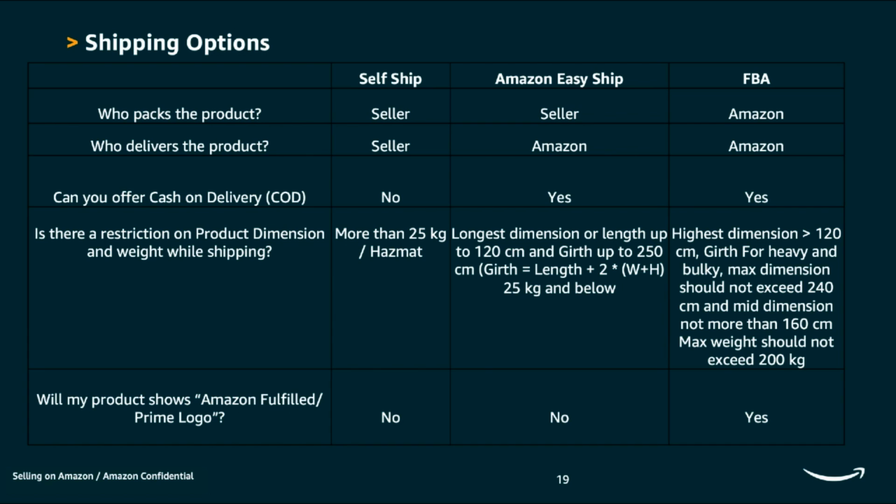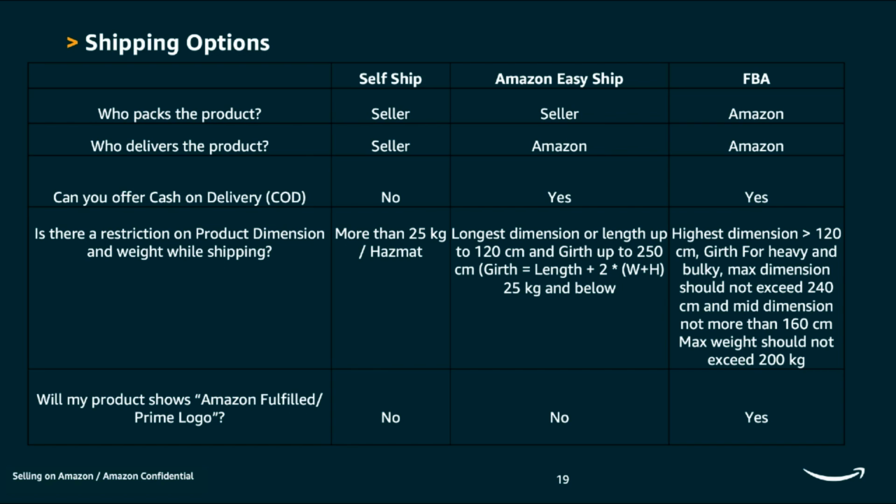Amazon Prime, for those who are not familiar, is a paid subscription service offered by Amazon, and it gives users, when I say users, it's going to be either the buyer or seller.